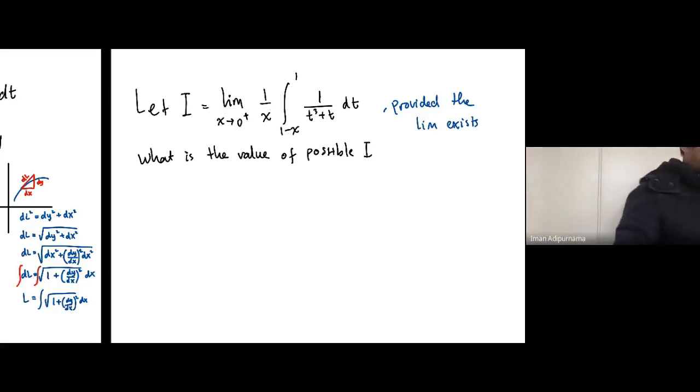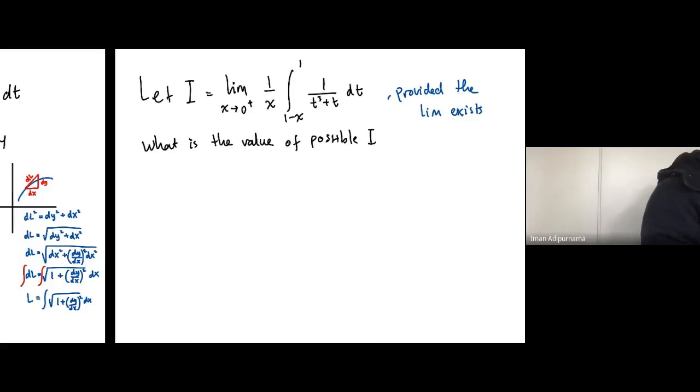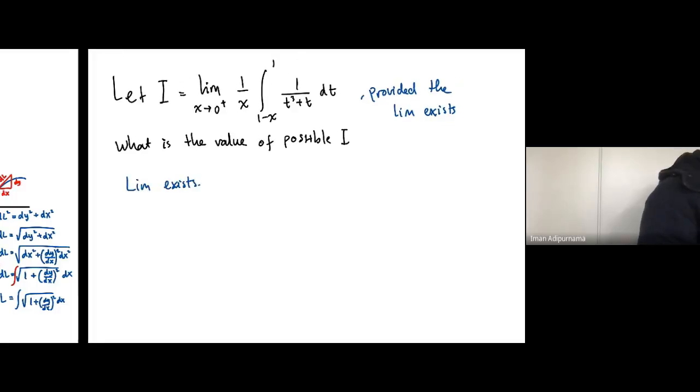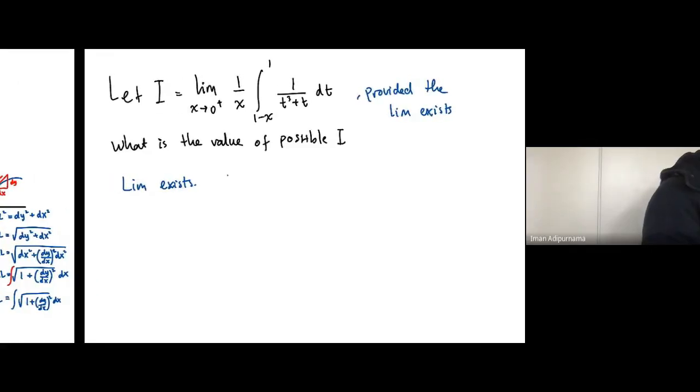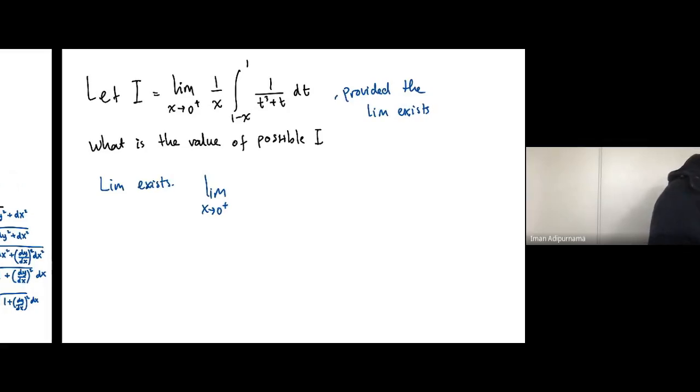Okay, this is actually the concept. The first is it's a limit, right? So let me write, limit exists, and let me write it as limit x approaching 0 of the integration.